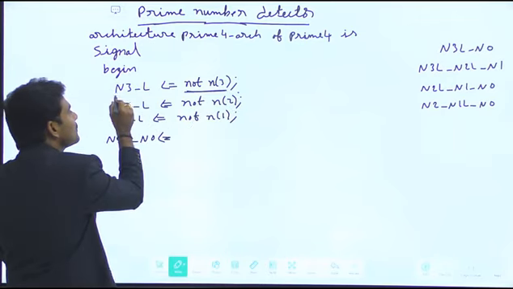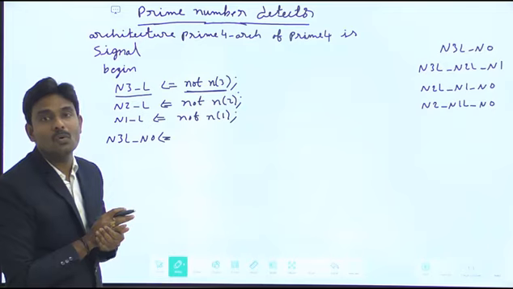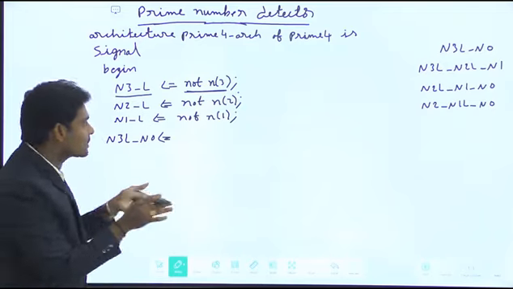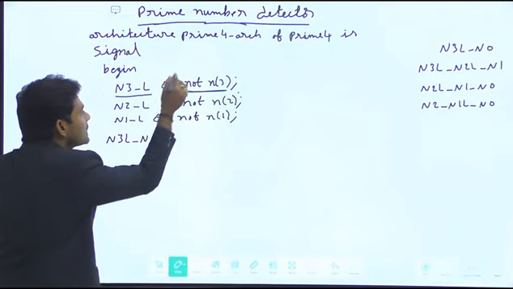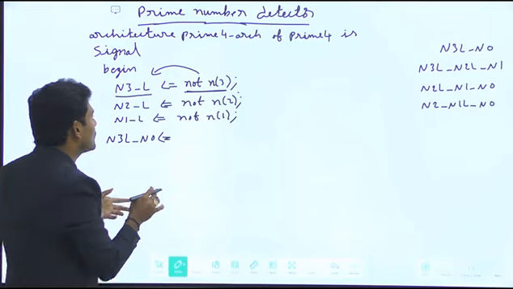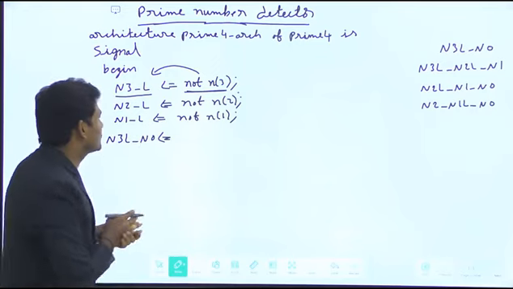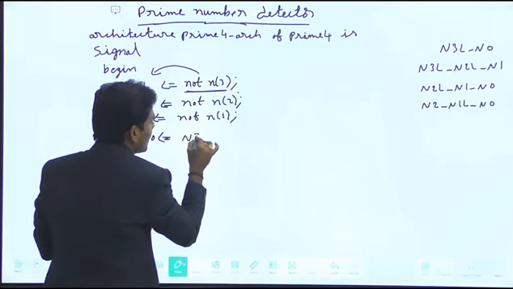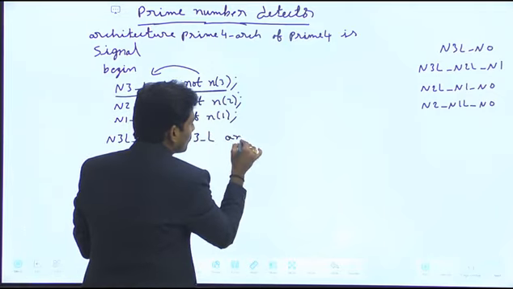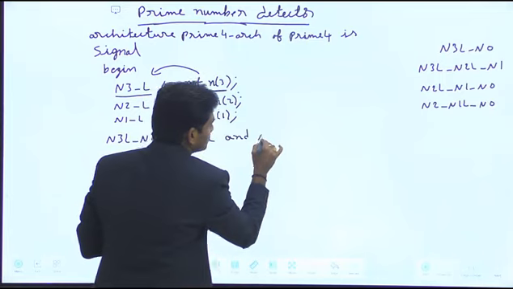I assigned that value to n3_L, so while mentioning it over here, you should not consider not of n3. Instead, this value is already assigned to n3_L, so here we are supposed to consider n3_L and with n of 0.